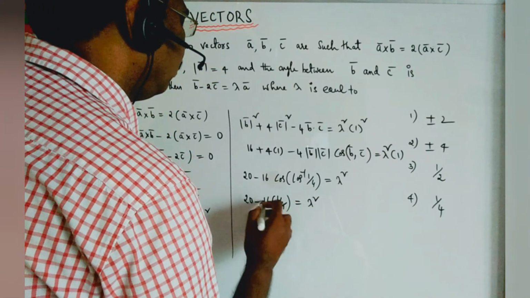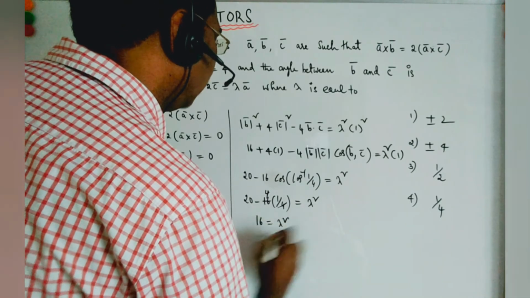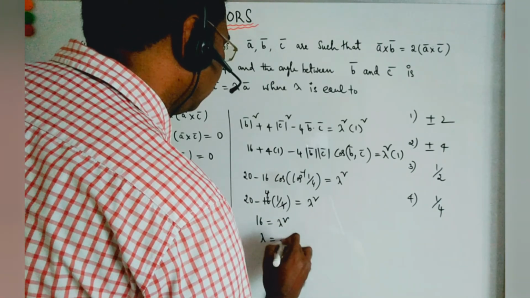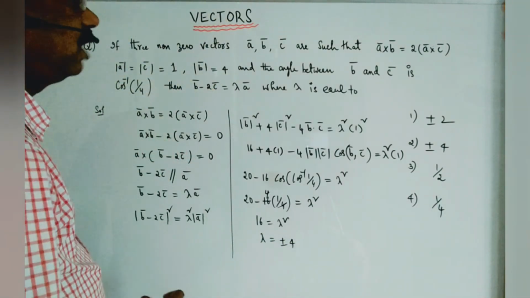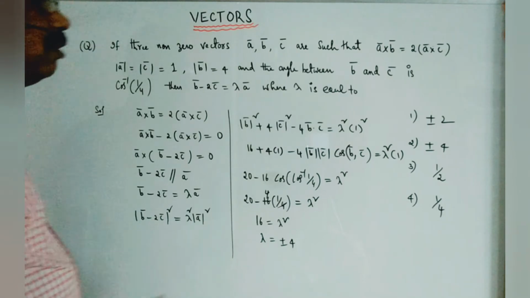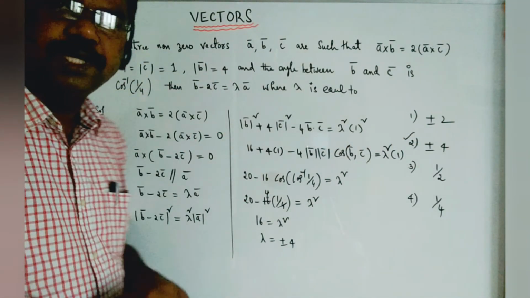So 16 is equal to lambda square, lambda is equal to plus or minus 4. Option 2 is the correct one.